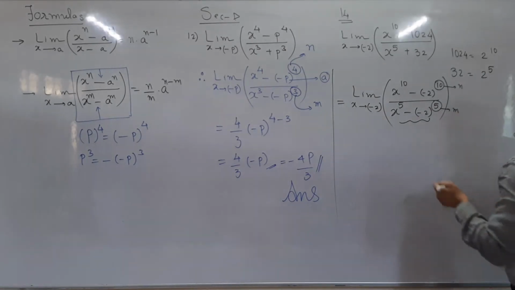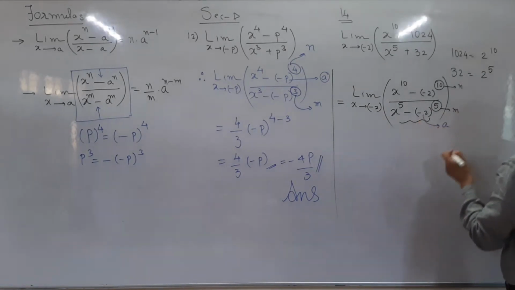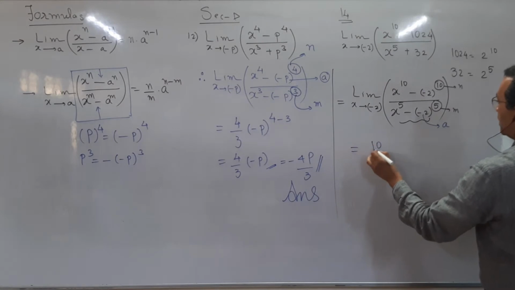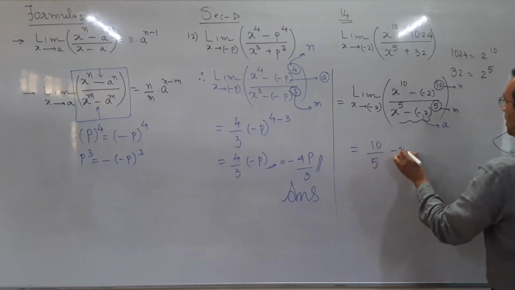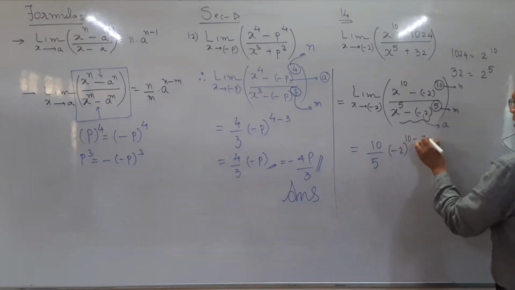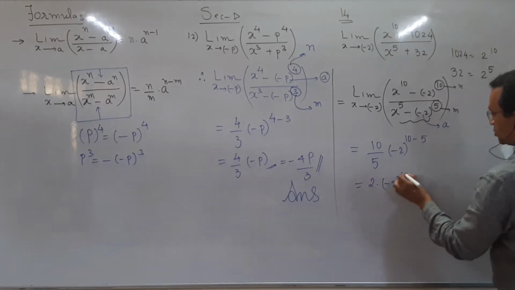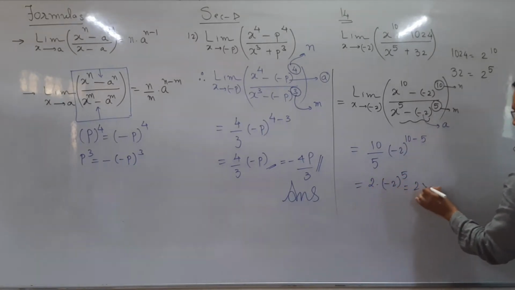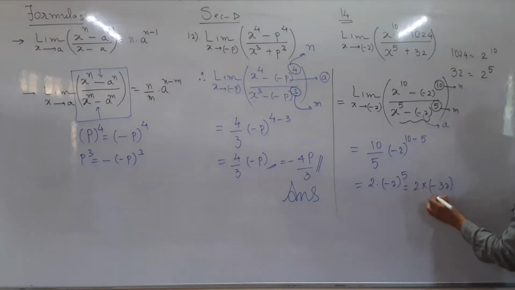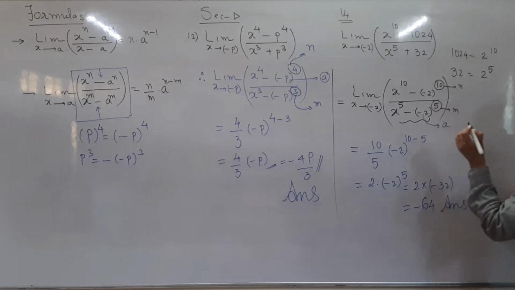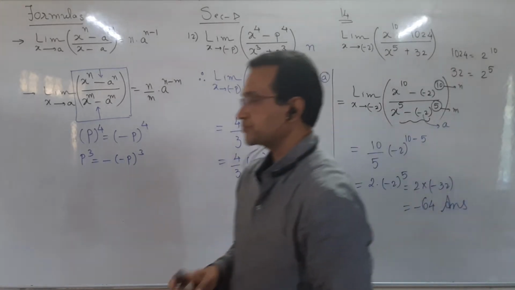So a is minus 2. So apply the formula n upon m into a raised to n minus m. So this is 10 upon 5 into minus 2 raised to 5. So 2 into minus 32. So the answer is minus 64.